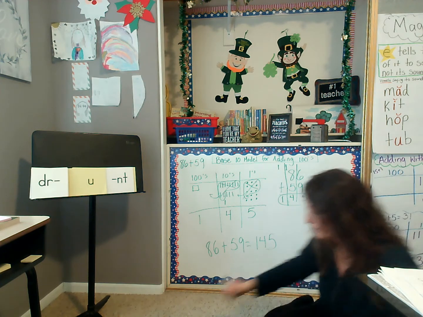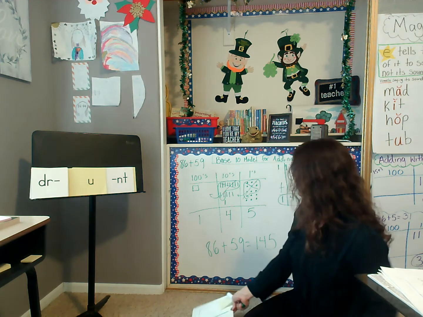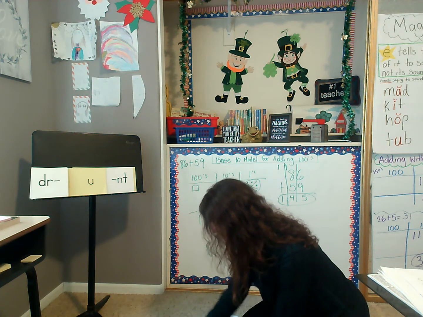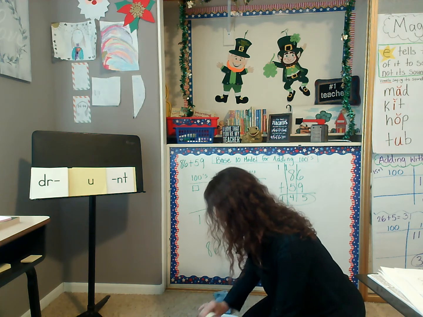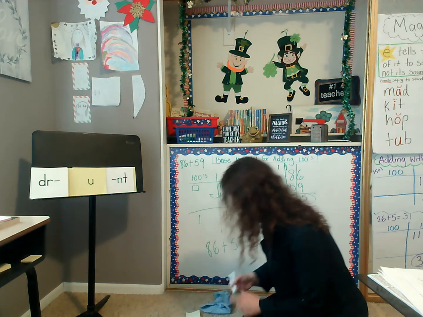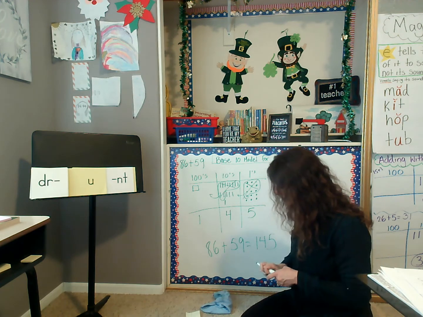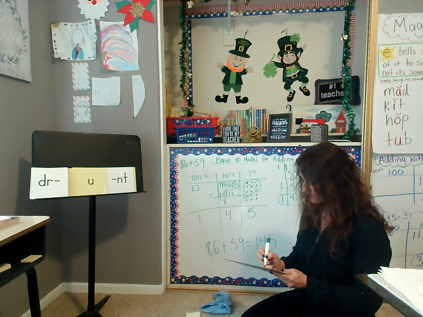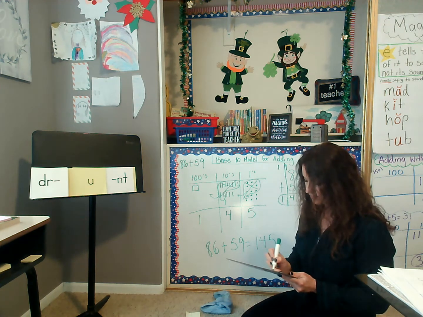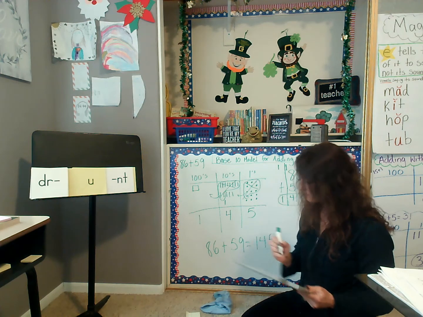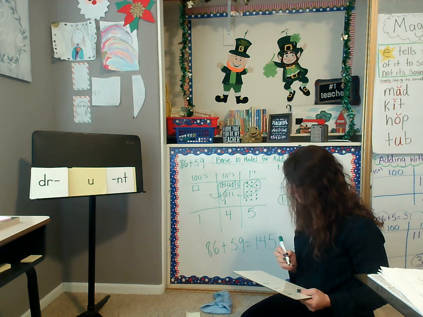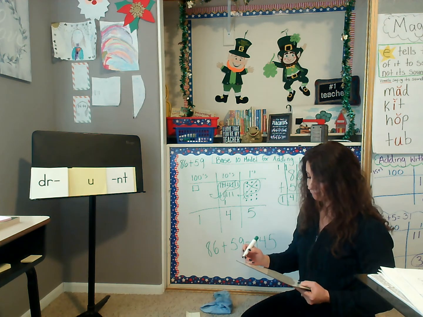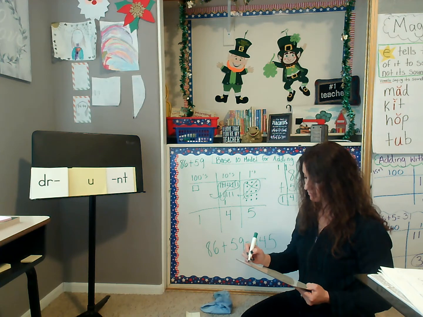Now, on your own, I want you to go ahead and add up 2 more numbers for me using base 10, okay? And you guys are going to submit pictures to me today, so be sure that you're doing these ones. All right, for this one, go ahead and try 51 plus 73.